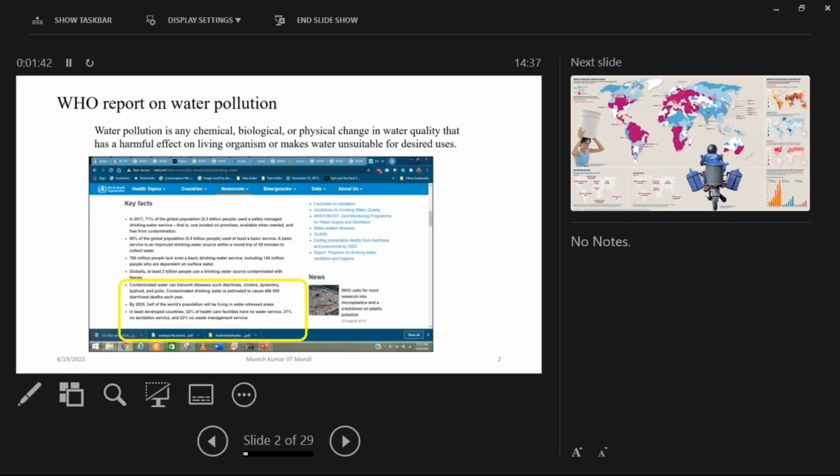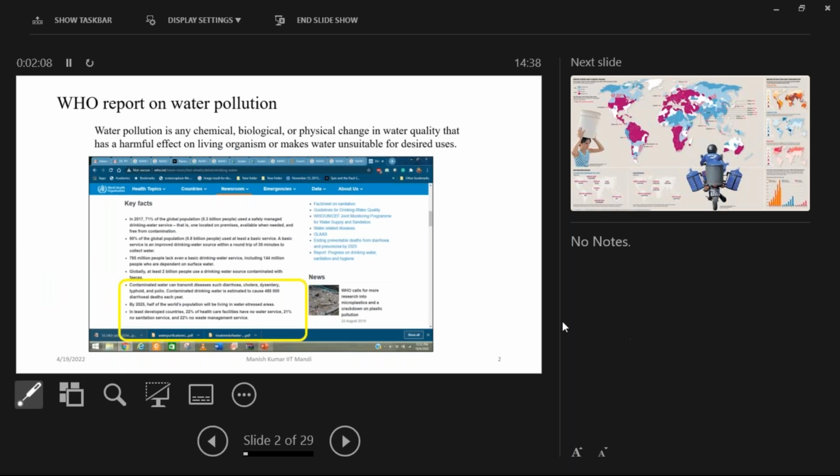The data also show that almost 485,000 people die due to diarrhea, which is caused by polluted water. And in least developed countries, 22% of healthcare facilities have no water services, 21% have no sanitation services, and 22% have no waste management.